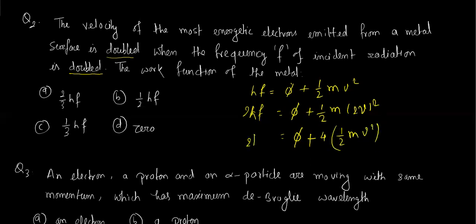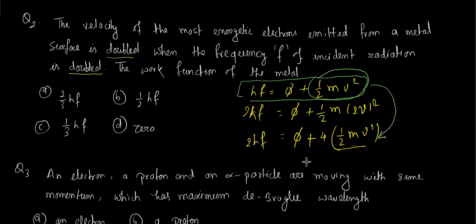This is our expression, and from the first expression I'm going to put the value of half m v square into this particular expression.